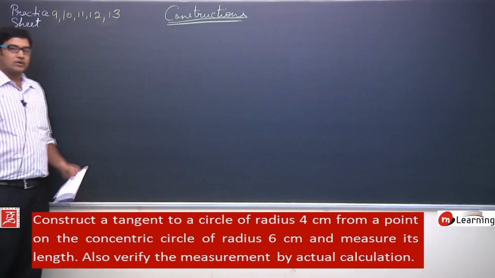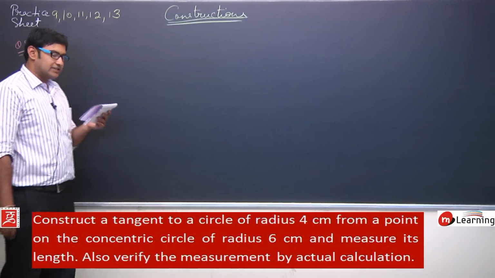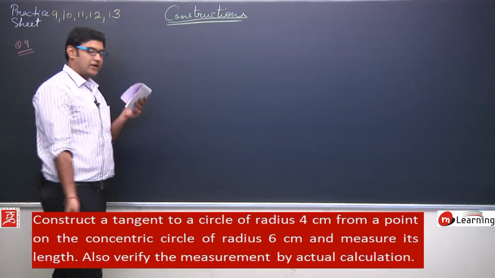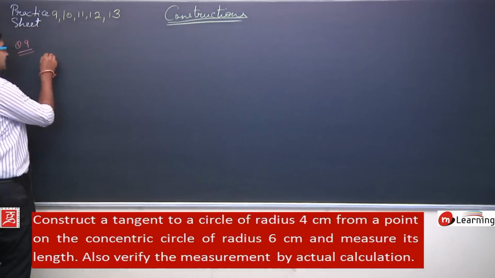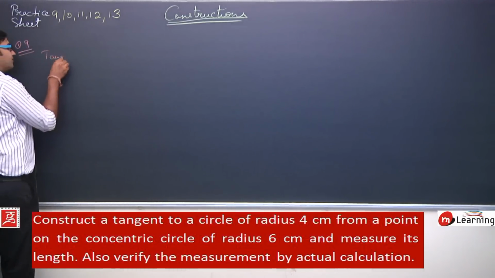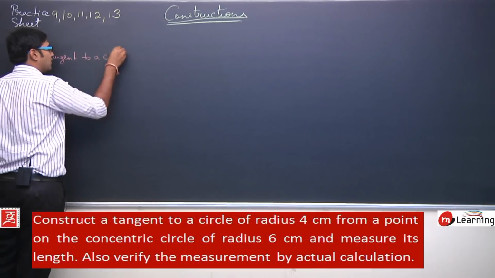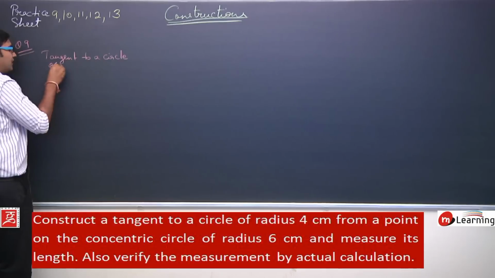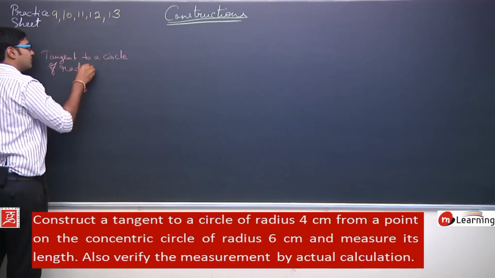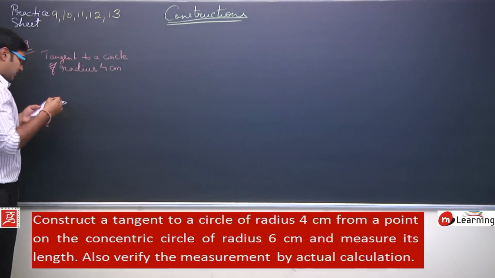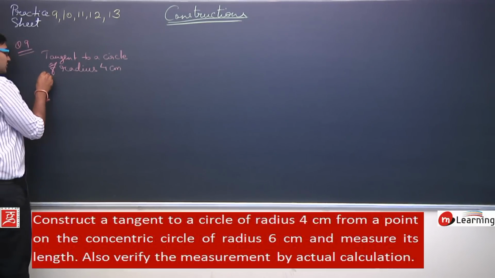Question number 9, we need to construct a tangent to a circle of radius 4 centimeters, and from where I need to construct?